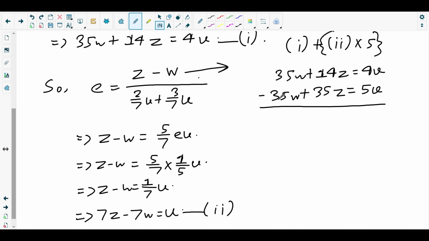So 35W and negative 35W cancel out. You will have 49Z equals 9u.